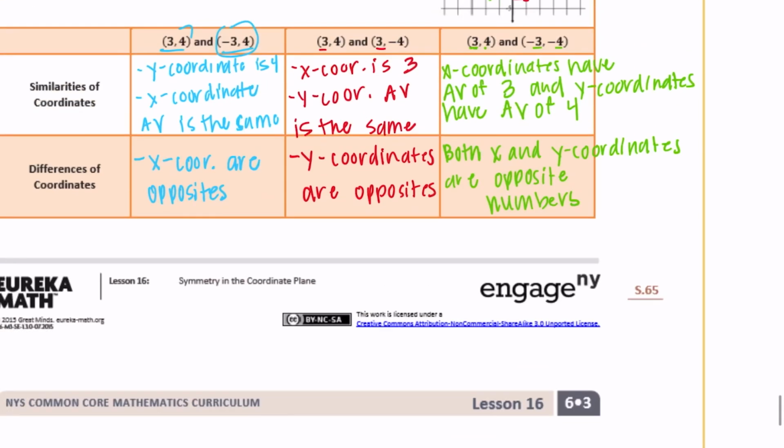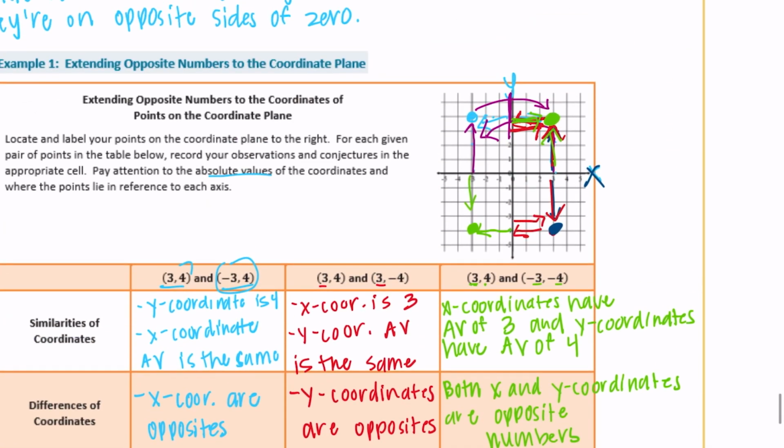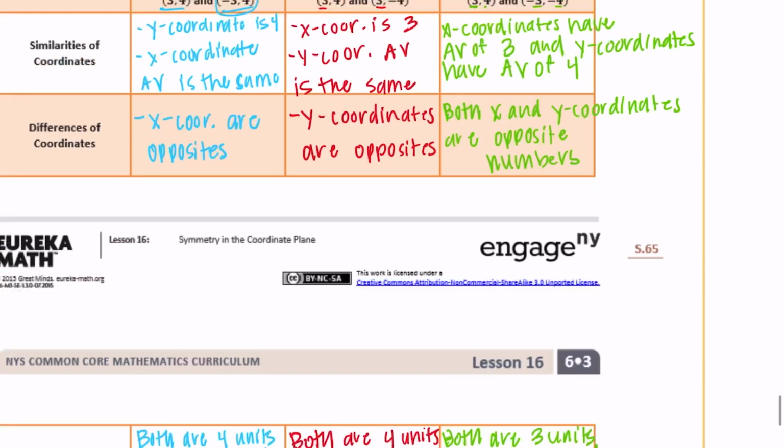Differences in location. So the difference is, we could say that, let me pick out a new color again. So this one is 4 units above the x-axis. Well, this one is 4 units below. This one's 3 units to the right of the y-axis, and this one's 3 units to the left of the y-axis.